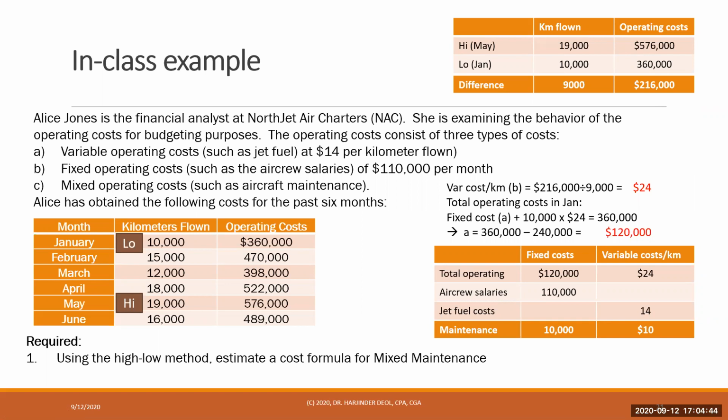So maintenance actually has a fixed cost per month of $10,000 and a variable cost per kilometer of $10. Therefore, the cost formula for maintenance is Y equals 10,000 plus 10x, where x is the number of kilometers flown.